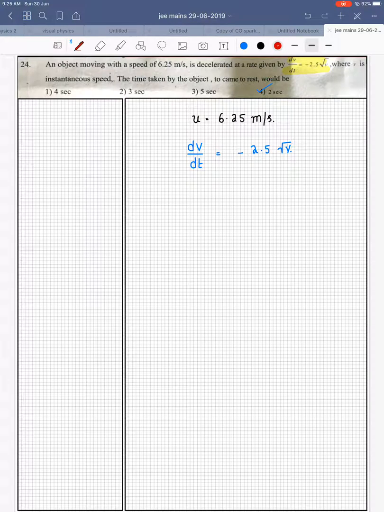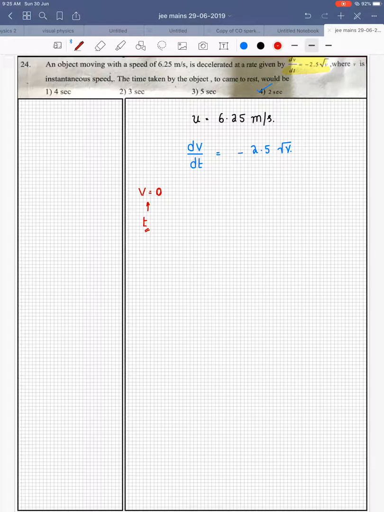And what is he asking? The time taken by the object to come to rest. Okay, rest means final velocity equals 0. What is the time taken t for your object to be at rest?